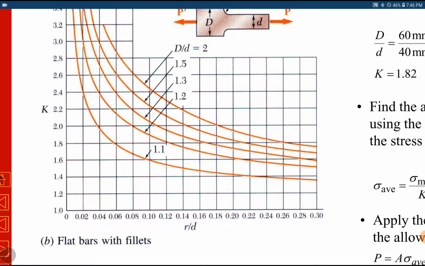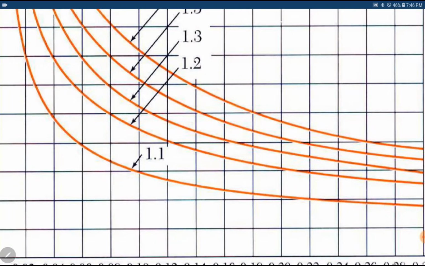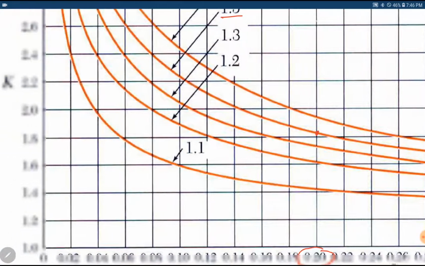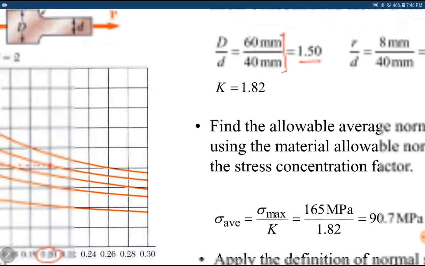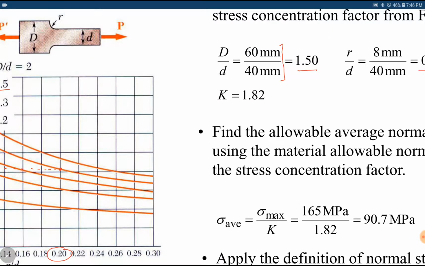This is r by d equal to 0.2, and here is the curve of 1.5, so it is almost this value of K, around 1.82. You may judge it as 1.83 or 1.81, so it depends upon you. It is almost close to 1.82.